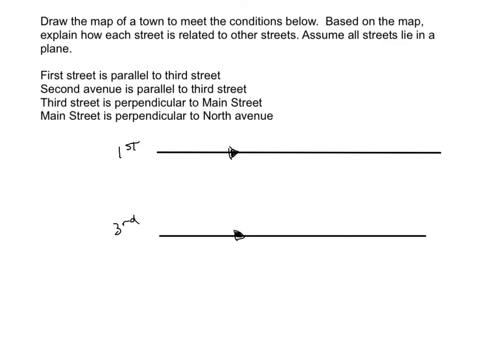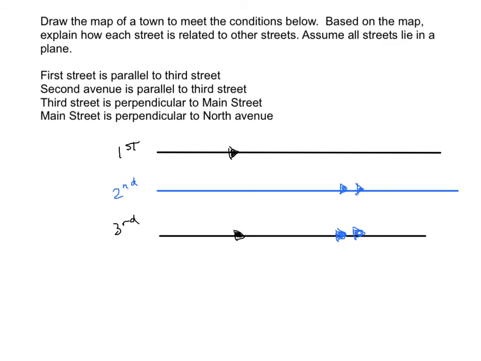So now if I come in and draw Second Avenue, it's probably going to go in between these two. Usually the streets go in numerical order, so now move this guy over like so, and we'll say that this is Second Street. And Second Street is parallel to Third Street.